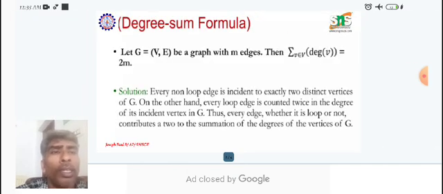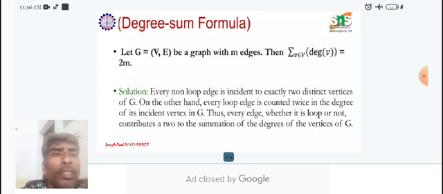This is the proof that the sum of the degrees is equal to twice the number of edges. Let G equal (V, E) be a graph with M edges. Then the sum of the degrees of the vertices is equal to twice the number of edges.